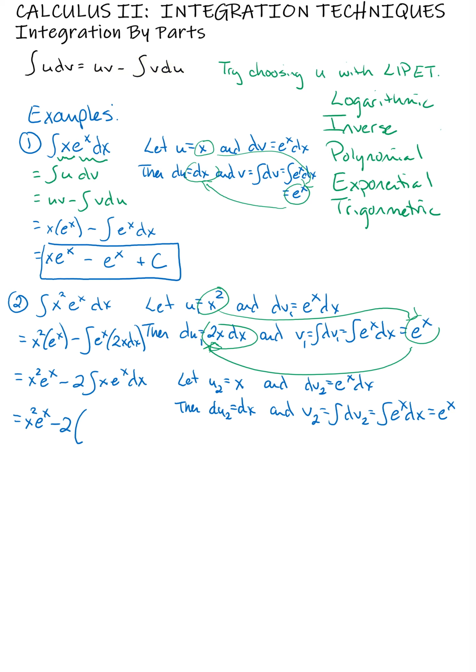So we have, again, u2 times v2 minus the integral of v2 times du2. So we have x times e to the x minus the integral of e to the x dx. Notice all of that is going to be multiplied by -2 here in a second.